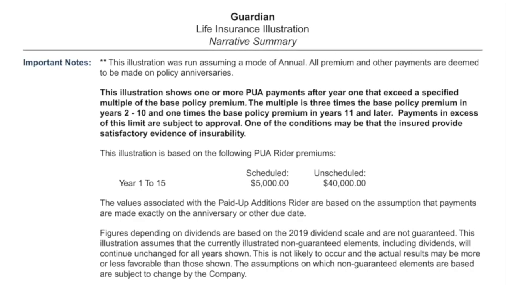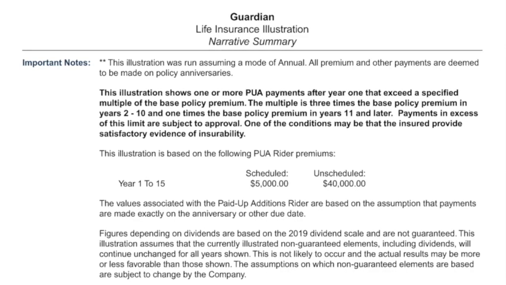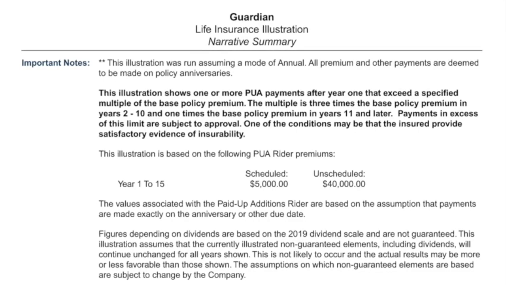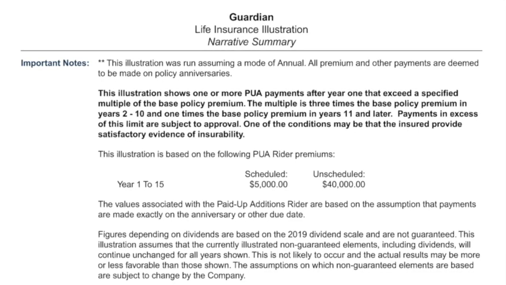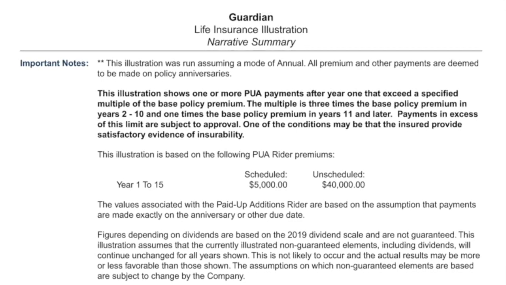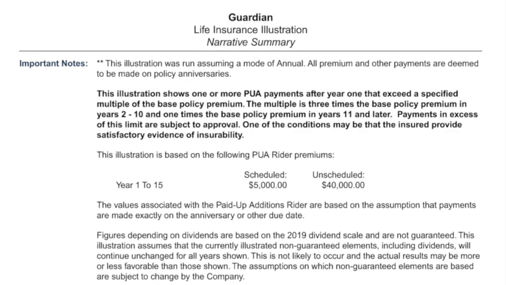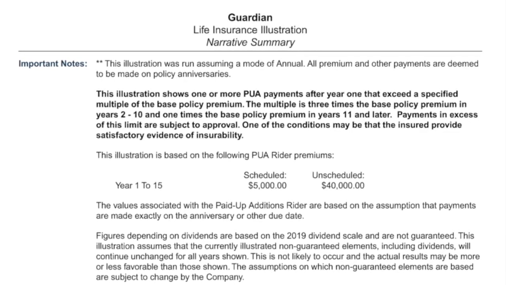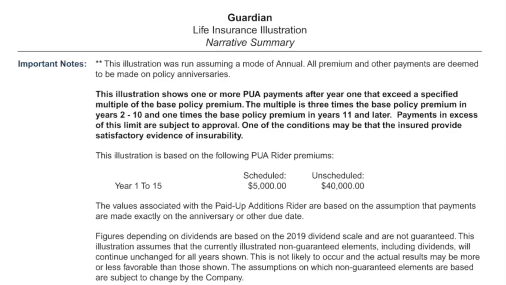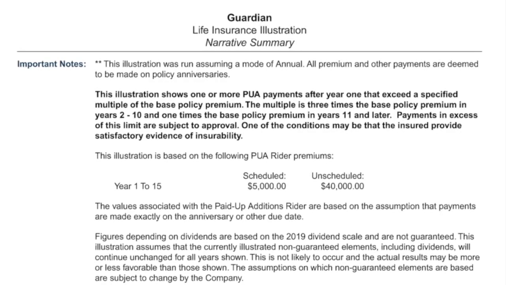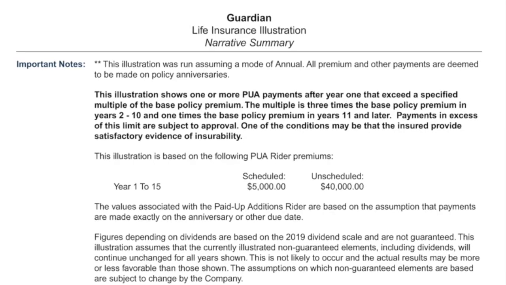The multiple is 3 times the base policy premium in years 2 through 10 and 1 times the base policy premium in years 11 and later. Payments in excess of this limit are subject to approval. One of the conditions may be that the insured provides satisfactory evidence of insurability.